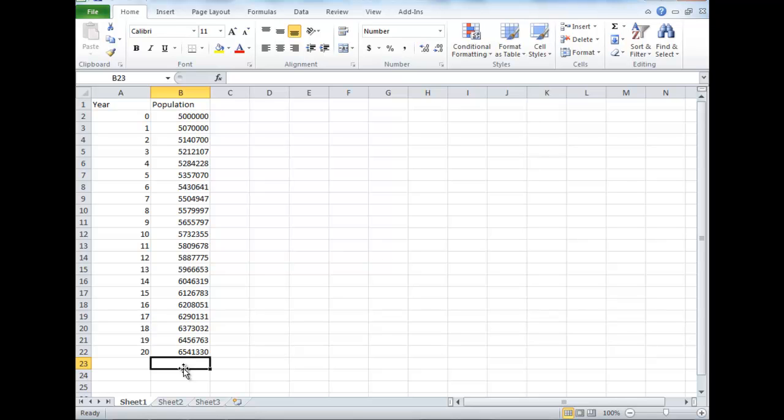How do you want us to annotate it? I'd say right here, you might want to say the formula is, let's look at it, B2 times 1.01. Would you say B2 or B minus 1?